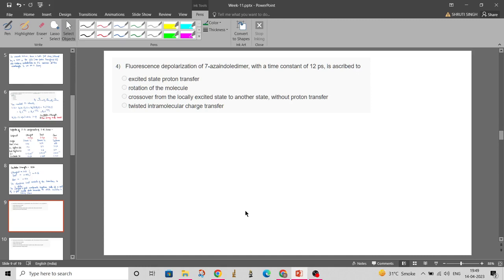So the fluorescence depolarization, that is the change in the fluorescence anisotropy.